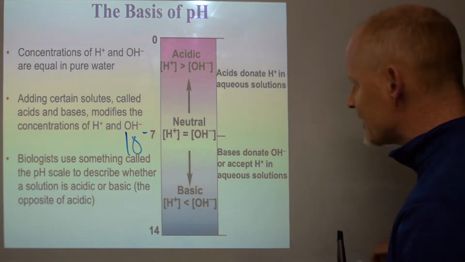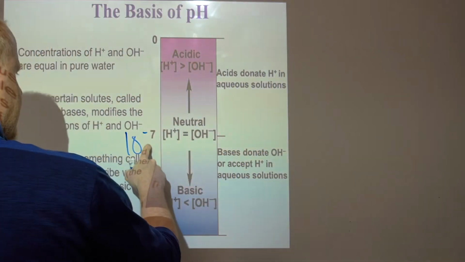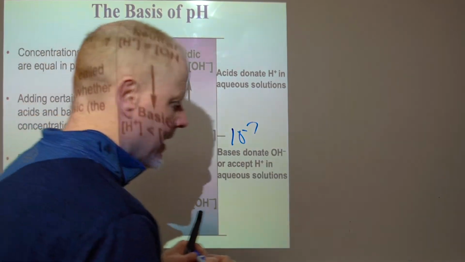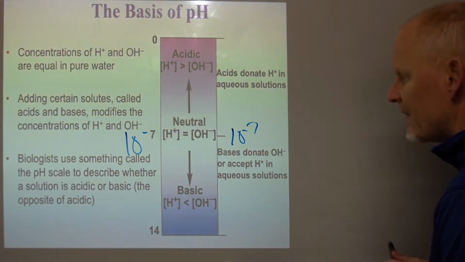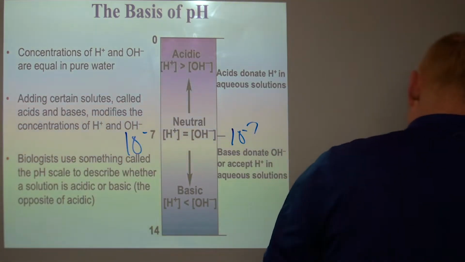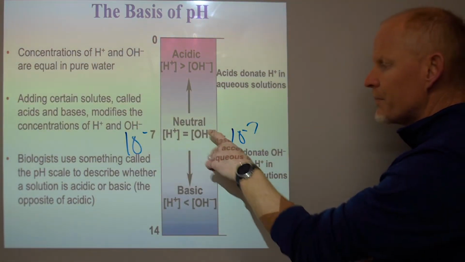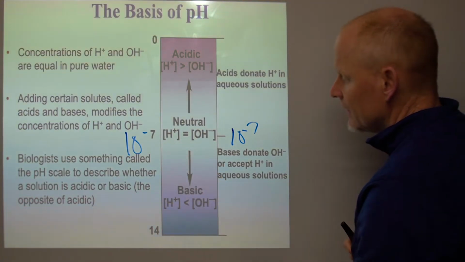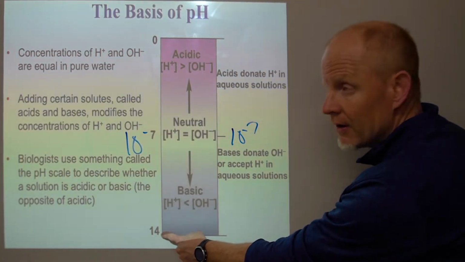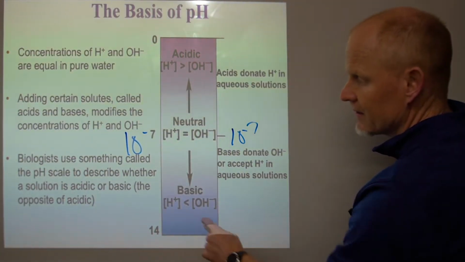And so you can imagine if I have 10 to the negative 7th protons, then I'm also going to have 10 to the negative 7th hydroxide ions, right? So when these are equal to each other in pure water, then we have a neutral pH of 7, right? Notice if you combine these, 7 plus 7, that gives you the scale of 0 to 14, right? That's where we get the 14 from.